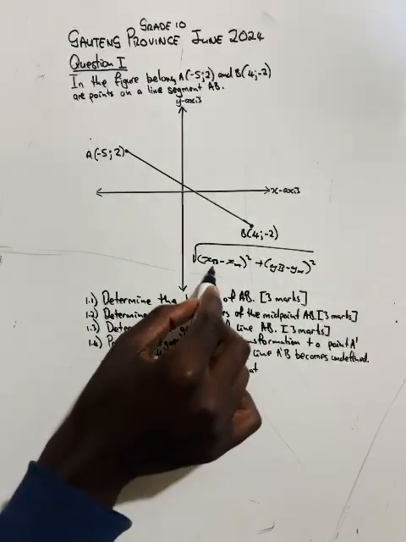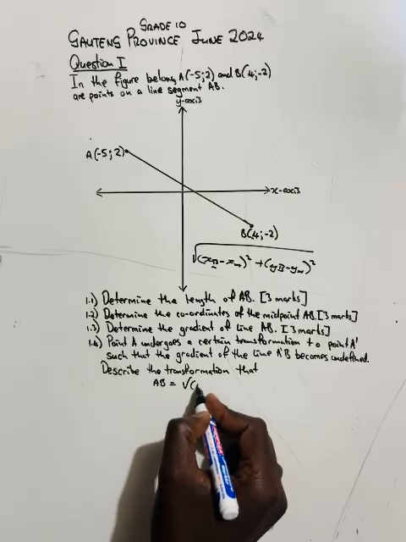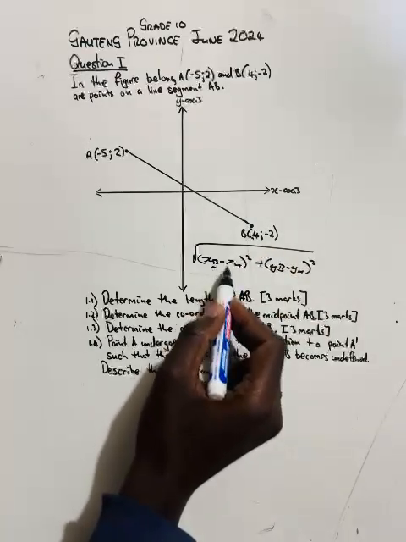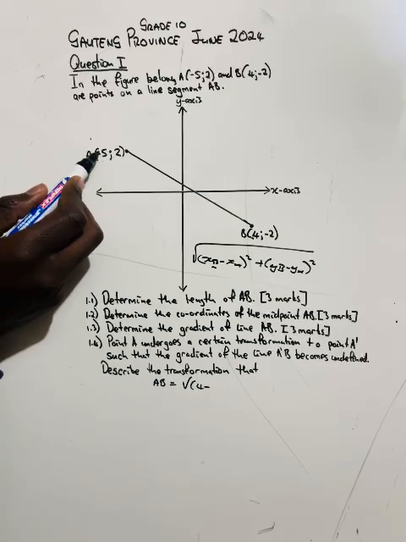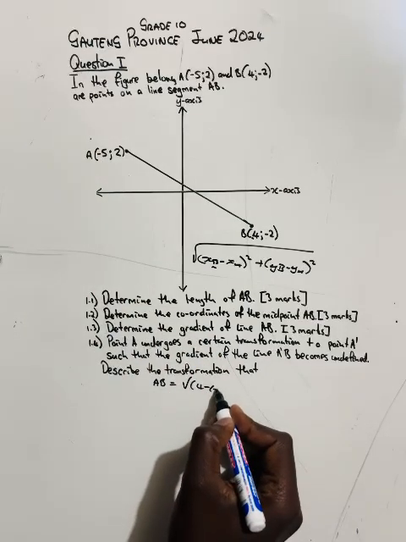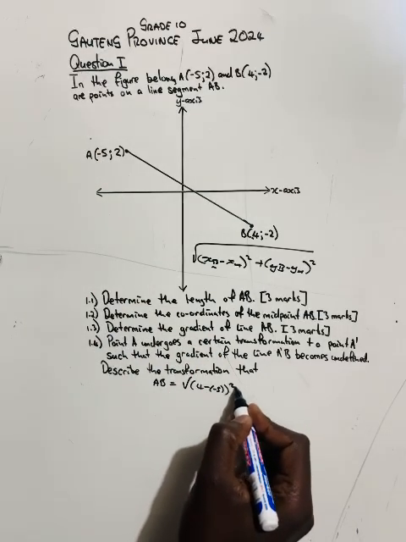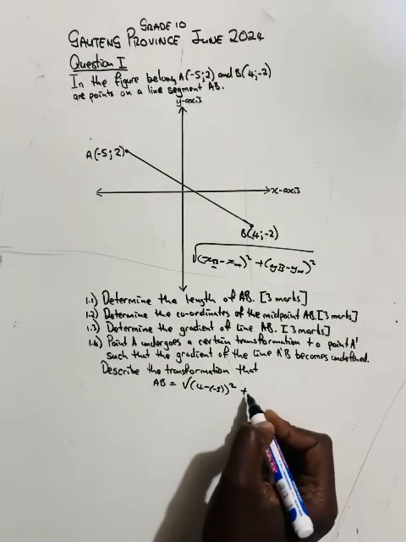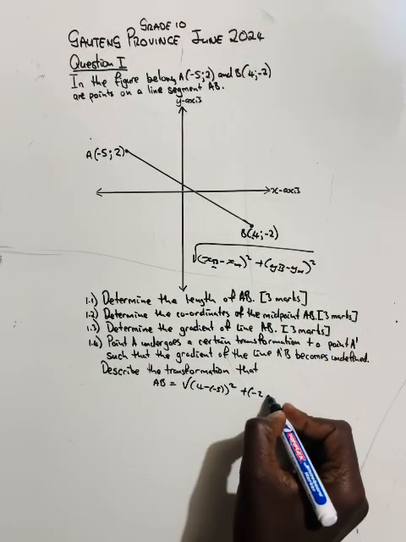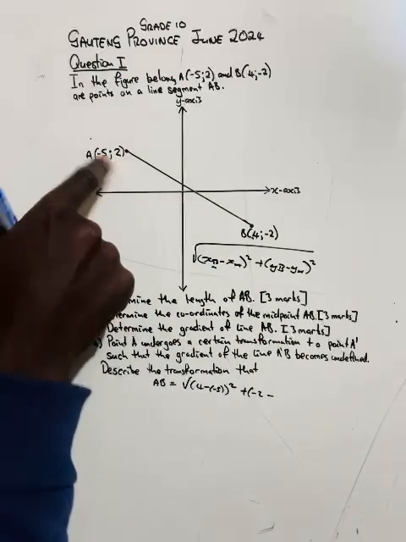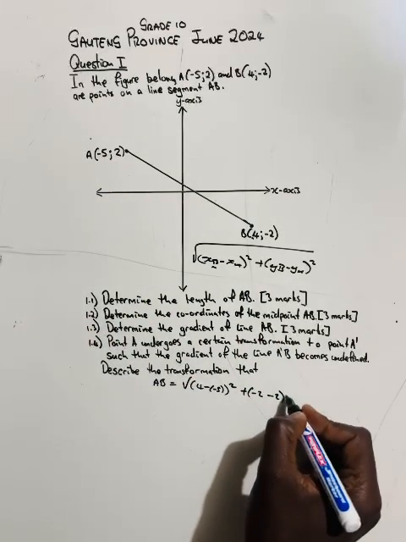So our x at point B is 4, so we write 4 here. Minus comes with this formula, and then the x at point A is negative 5, so we open the bracket, negative 5, close bracket, squared, plus our y at point B is negative 2, open bracket, negative 2, minus our y at point A is 2, close bracket, squared.